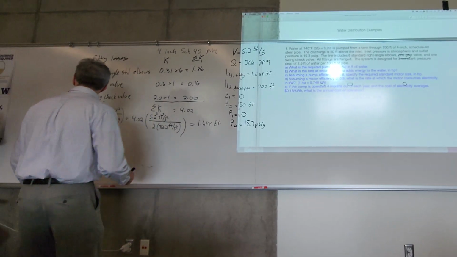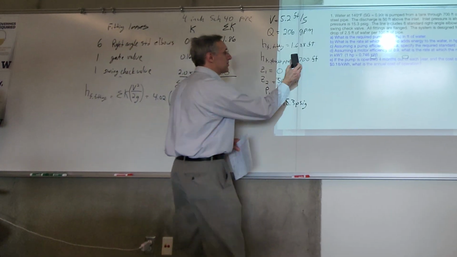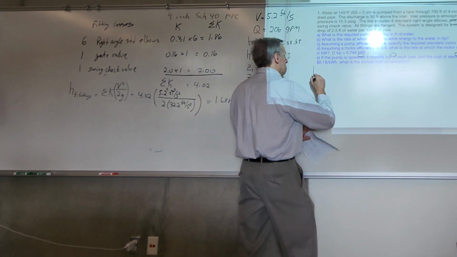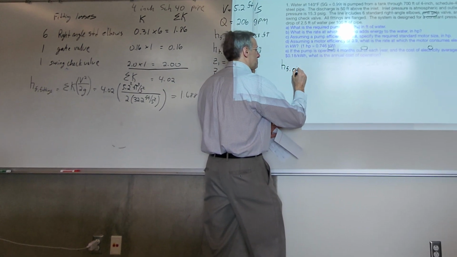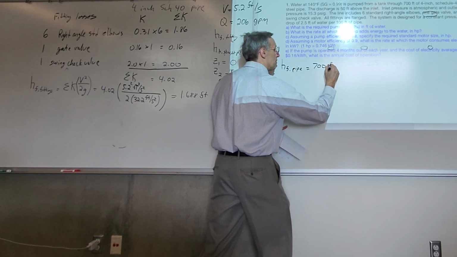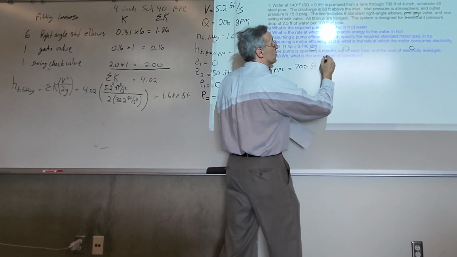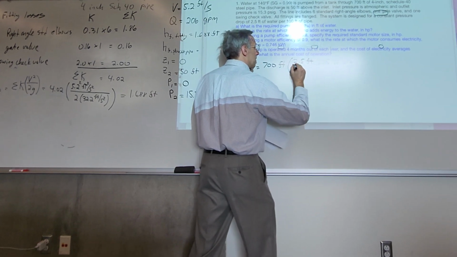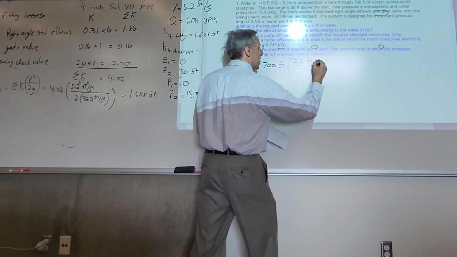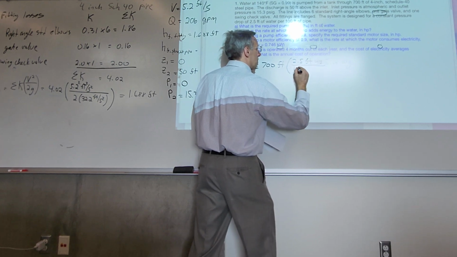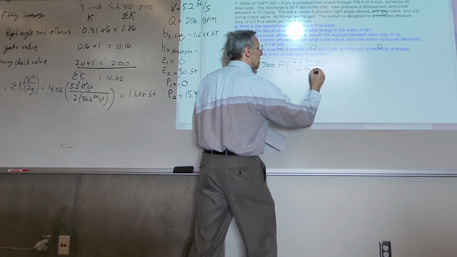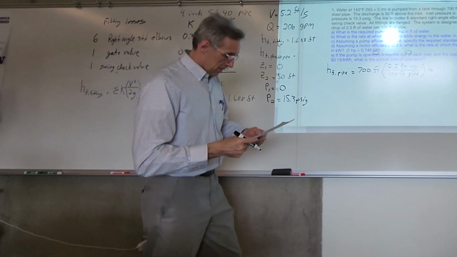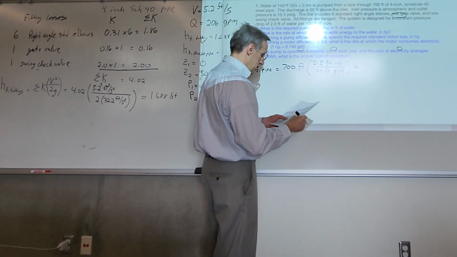Stupid error. It's not 700 feet of loss. That's the length of our pipe. We have to calculate that. So because we're dropping 2.5 feet per 100 feet, that is 0.5, 17.5.